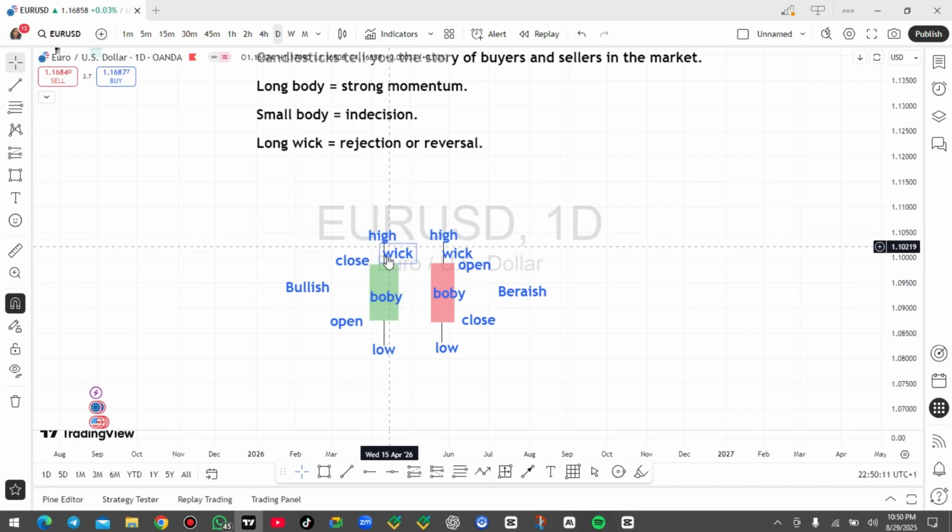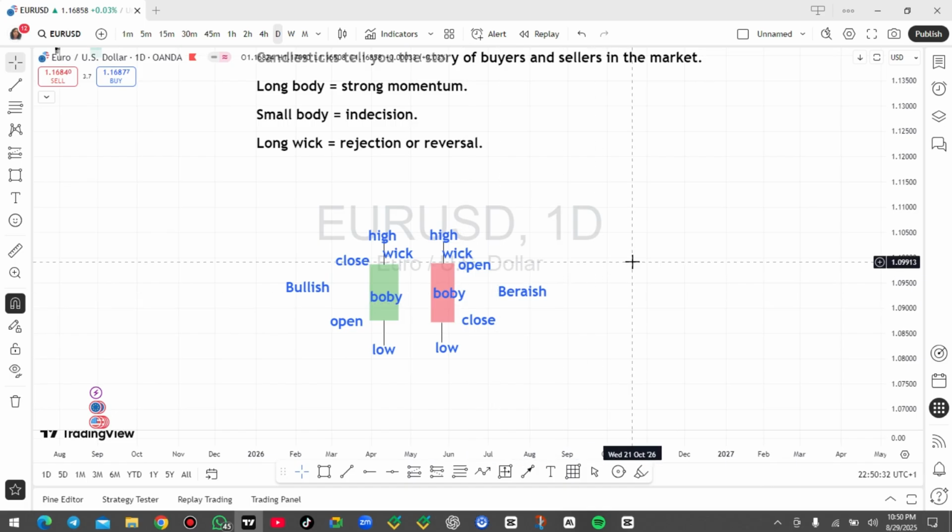And this tiny thing you are seeing here is what we call a wick or shadow. So this is telling you that sellers tried to push this market to this point, but buyers did not accept. So the market closed at this point, still telling you that buyers are in control of the market.